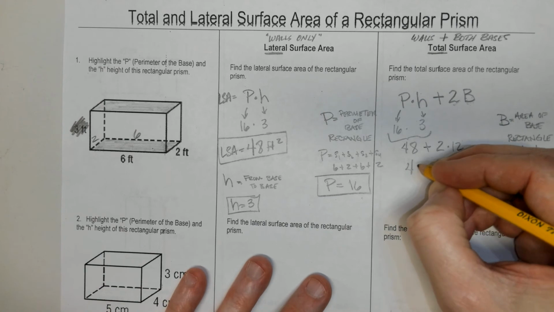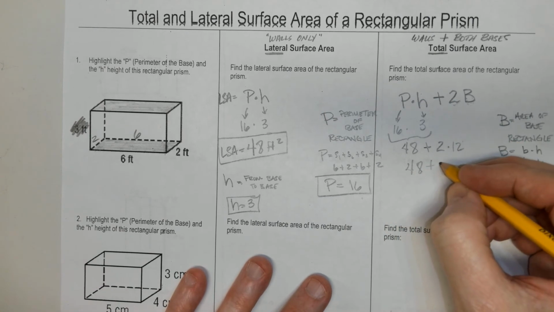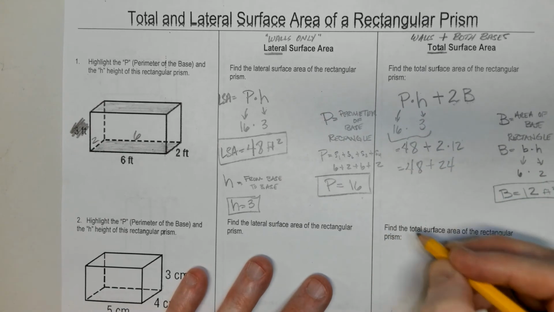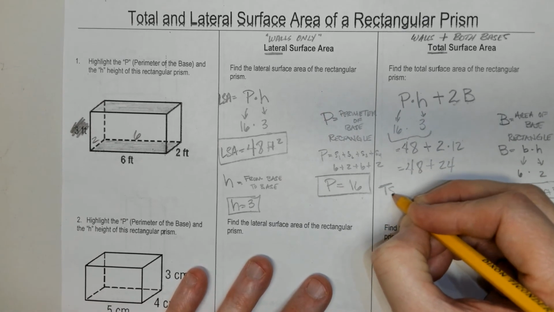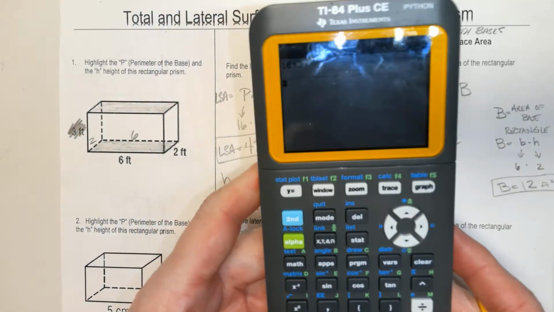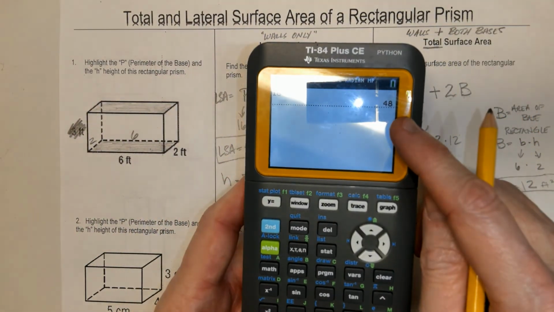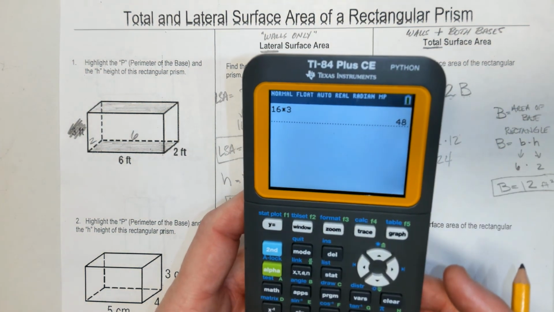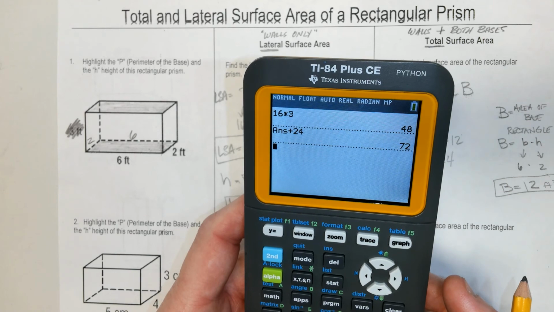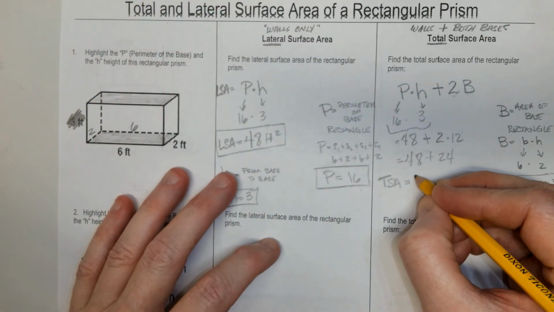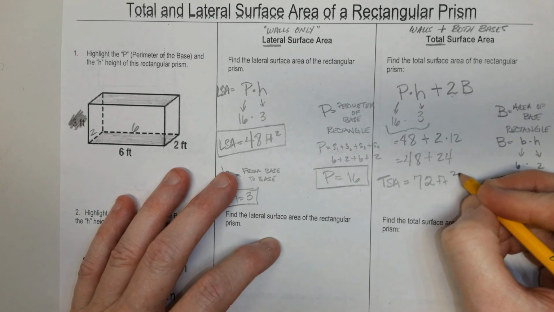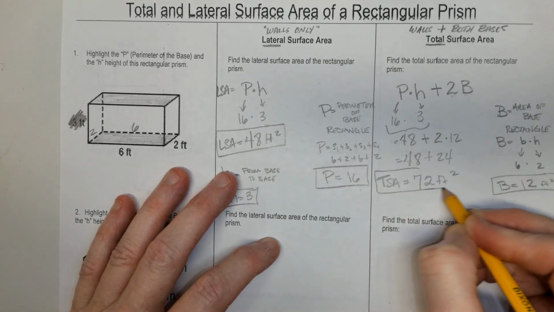So 48 plus 24. This is going to be my total surface area. In fact, on my calculator, I've already got the lateral surface area in there. I'm just going to add in the area of both bases. And that's 72. 72 feet squared is the total surface area.